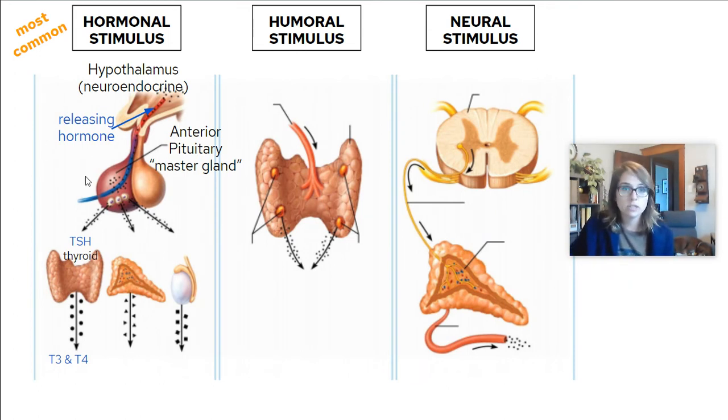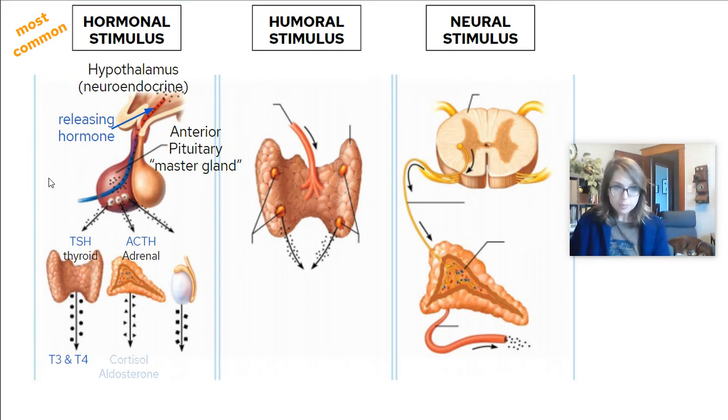Okay, so the anterior pituitary also releases ACTH, adrenal corticotropic hormone. And as the name suggests, adrenal, it affects the adrenal glands. And these are the glands that sit right on top of your kidney. If you think of adrenaline, that's this gland. So it releases its hormones, cortisol and aldosterone.